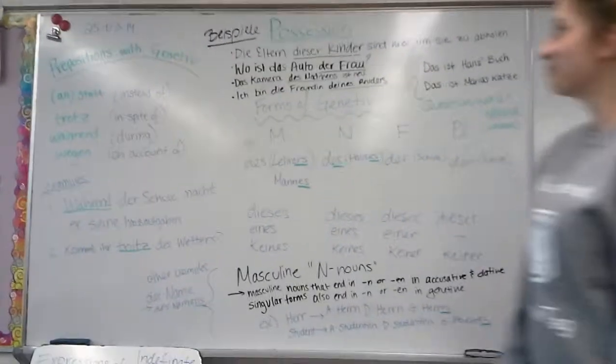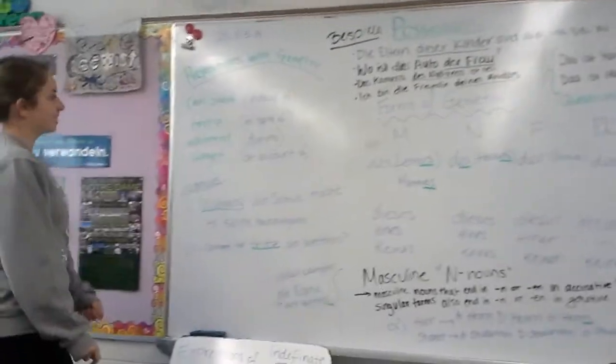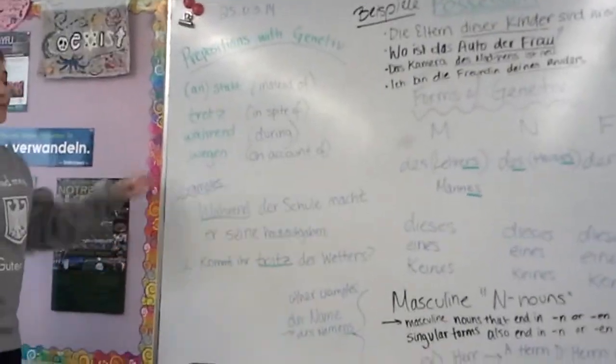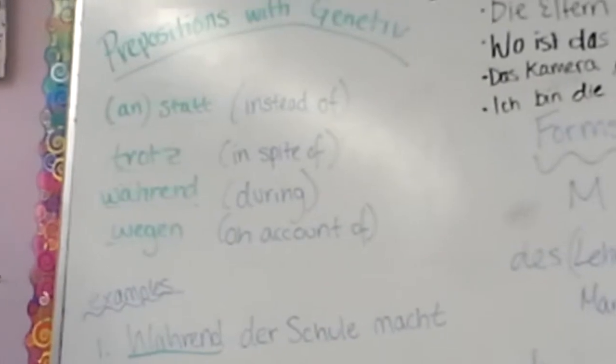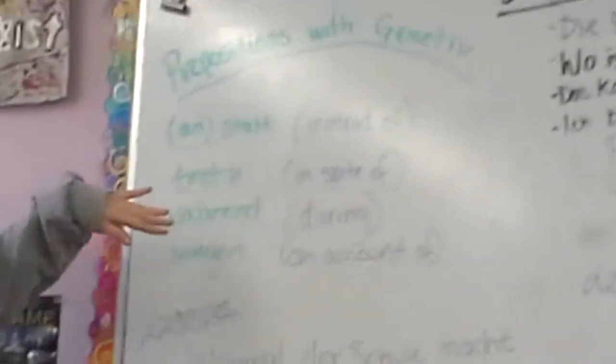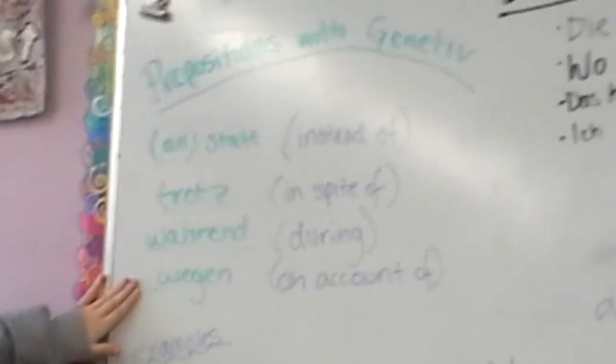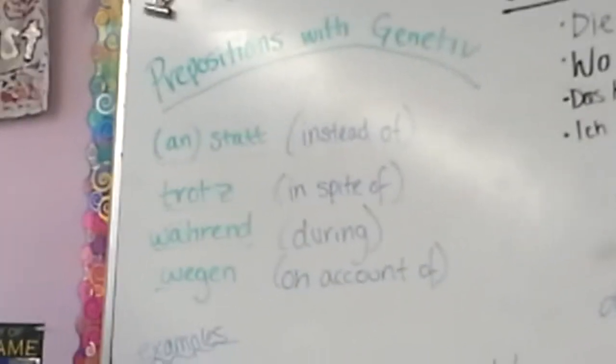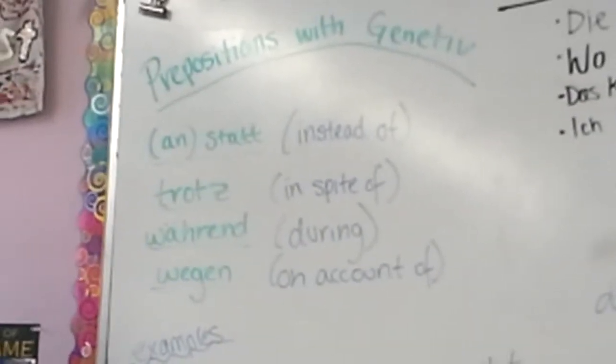All right. So for prepositions with genitive, we have four main prepositions that are always used, in addition to many others. Anstatt, which means instead of, trotz, in spite of, während, during, and wegen, on account of. And we have two examples here.